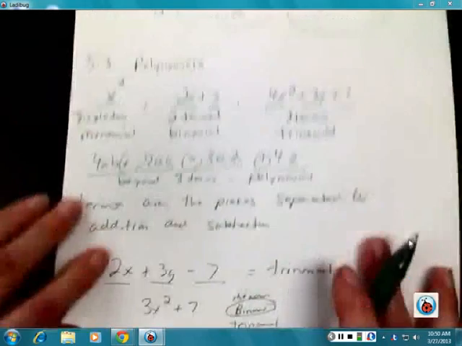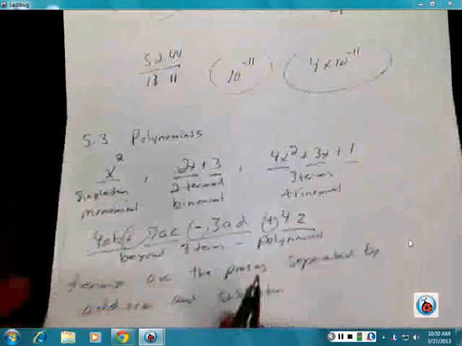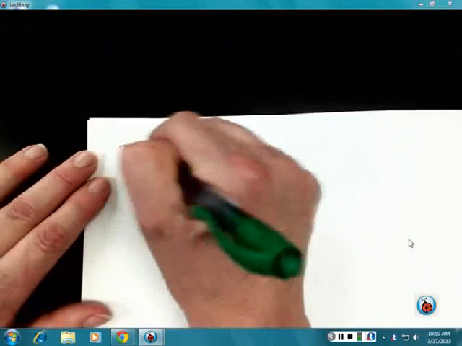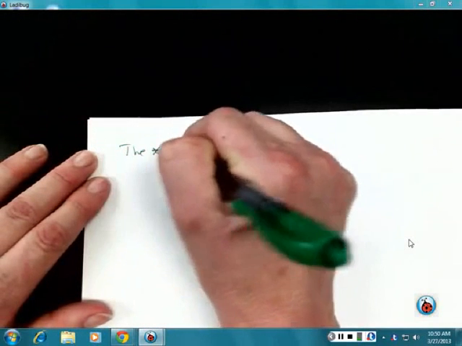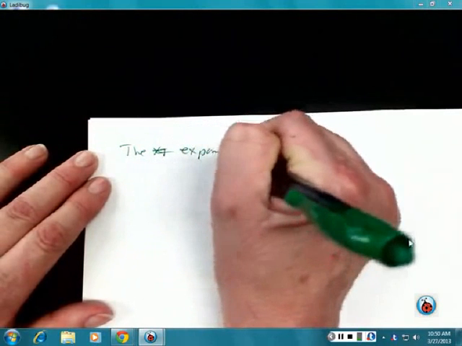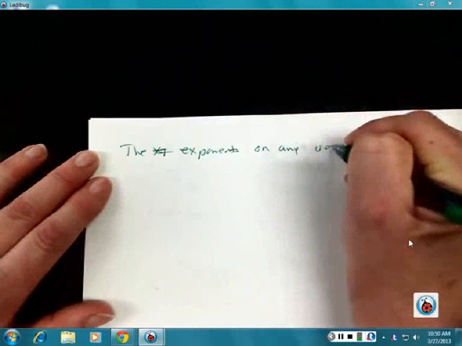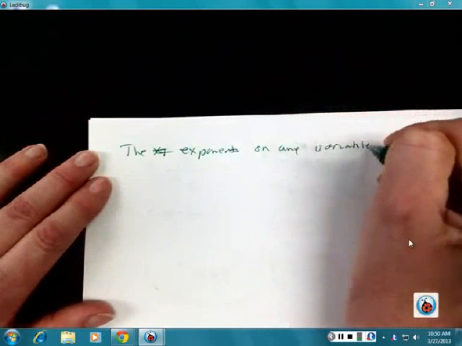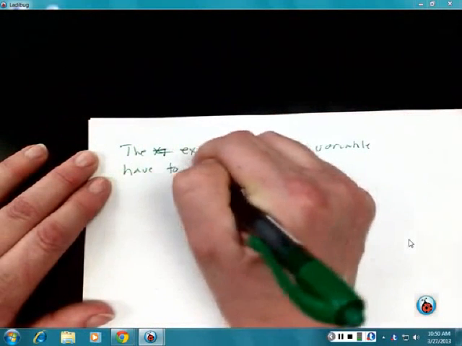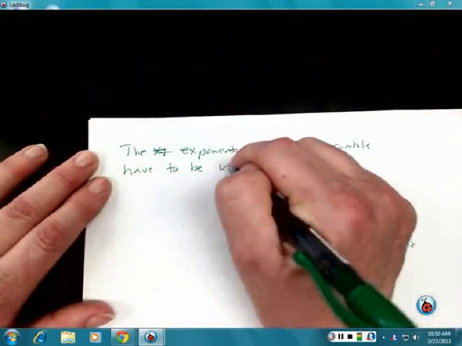Now, one thing that a polynomial is not. Polynomials have to have exponents on any variable that are whole values.